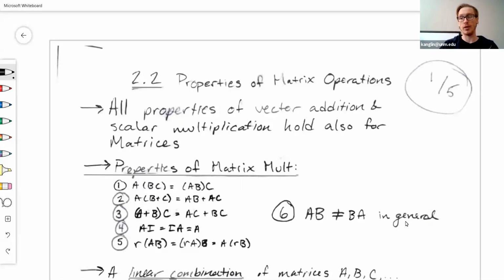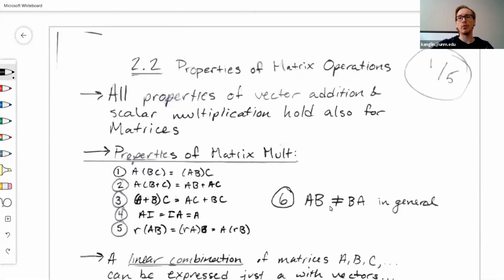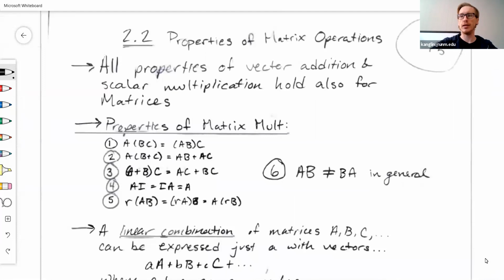We can't assume that will happen. This is telling us that multiplication of matrices is not commutative. Right? It doesn't have a commutative property. So we will always keep the order that we're multiplying matrices in very clear, and keep it consistent.